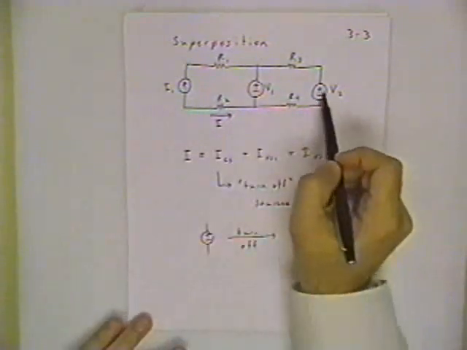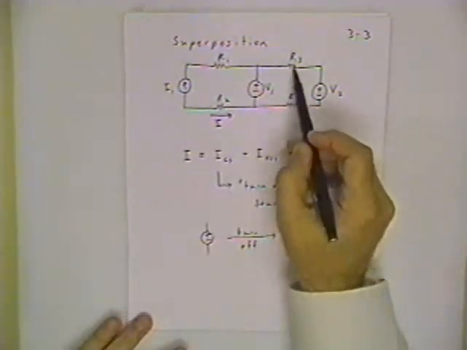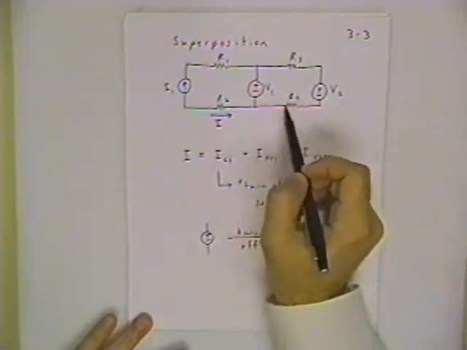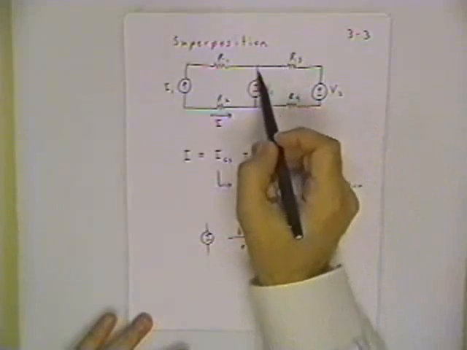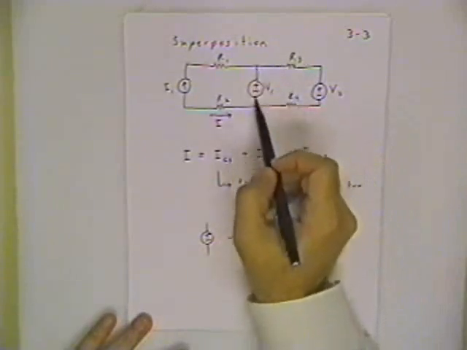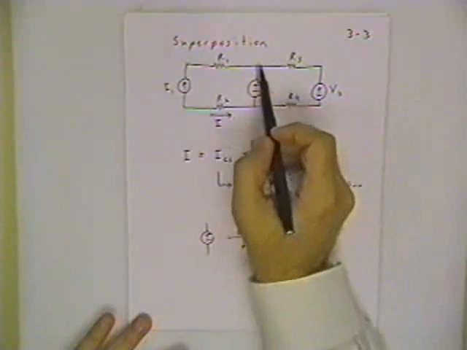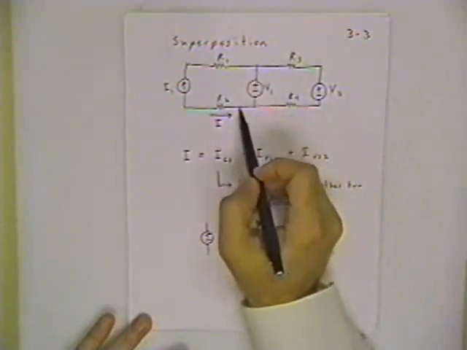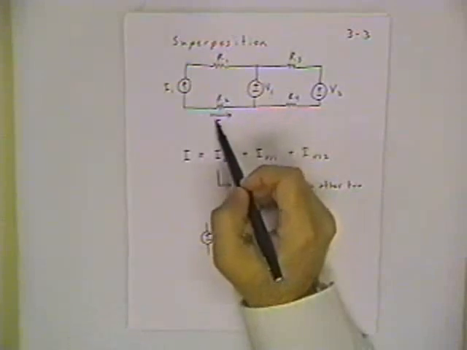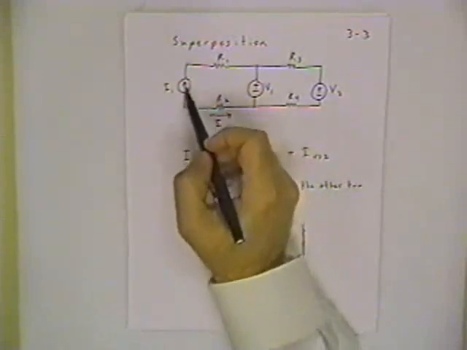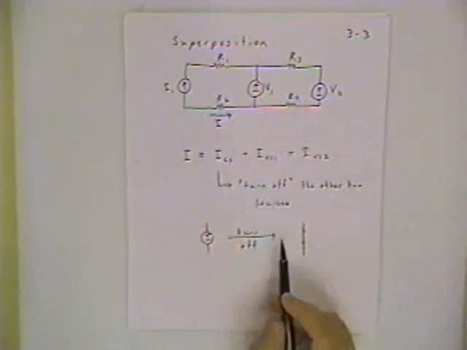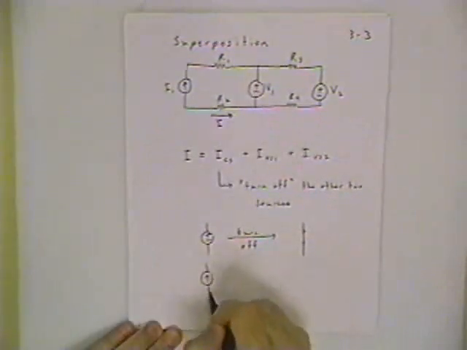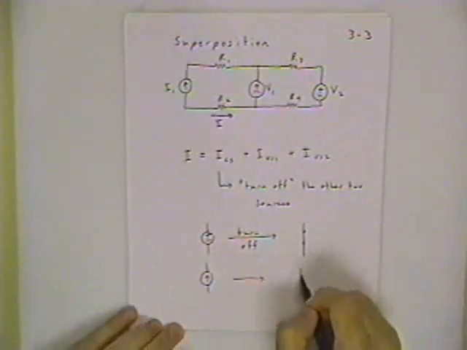And you see what would happen is if you make this a short circuit, that puts these two resistors in series, so you would have a simplification there. These two resistors in series would be in parallel with a 0 ohm resistance if I short out this voltage source. So that whole network boils down to a short circuit, and you can calculate the current I now is just equal to the opposite of the source current I. If you want to turn off a current source, you replace it with an open circuit.